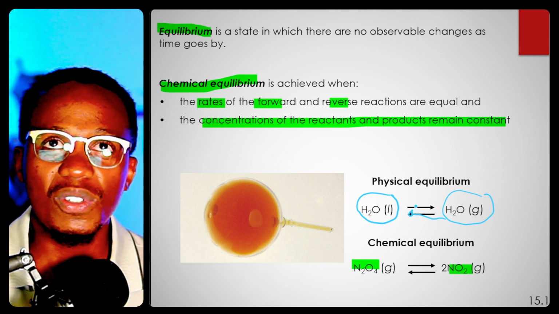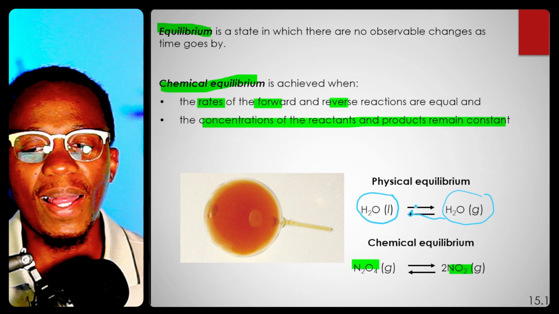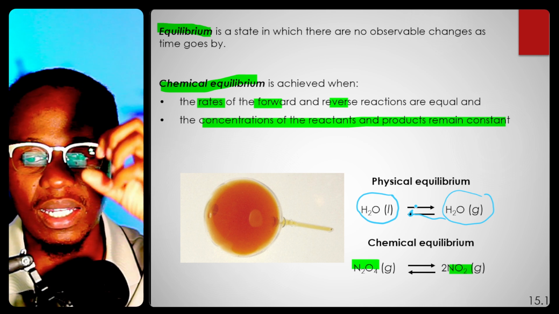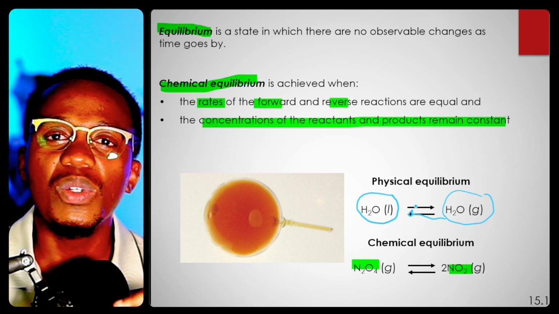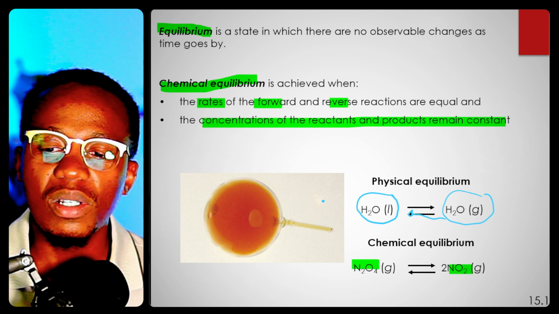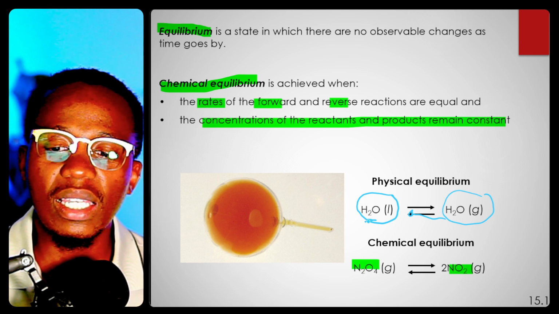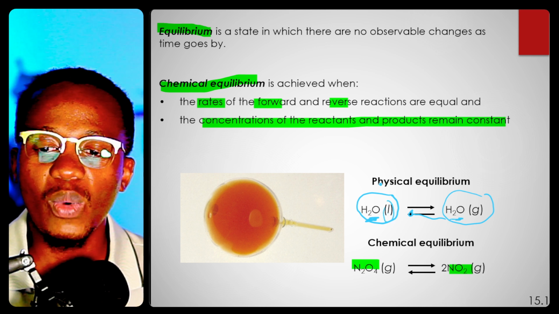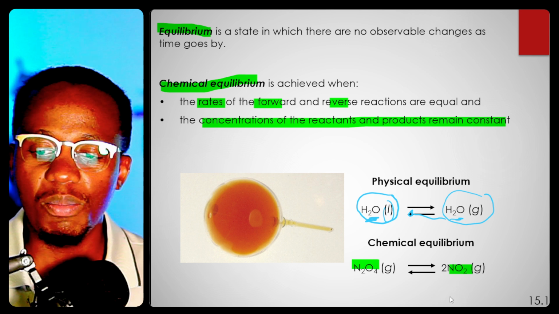Like for example, you've seen when you're boiling water, and then when the gas gets to the lid, it becomes liquid again, and then it goes back into the water. If you do that, we can reach equilibrium, even though we're not changing the chemistry of H2O. It's still H2O, we're just changing the physical states. That's why it's a physical equilibrium, right?